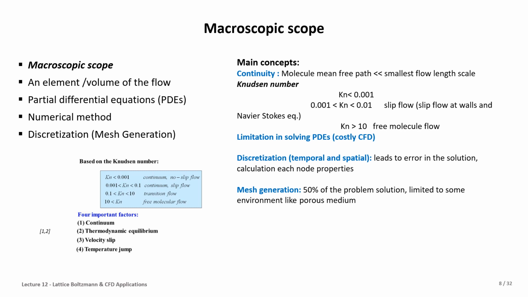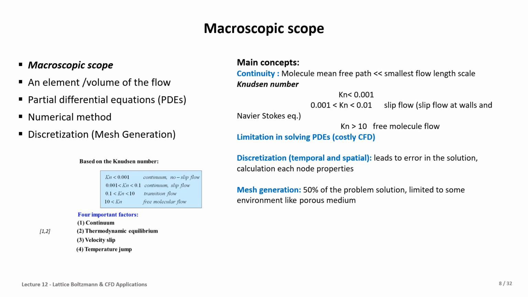Mesh generation is another problem in CFD. Usually in a CFD problem, we say 50% of the work is spent on meshing the problem, and there is also a limitation on meshing for some specific media like porous media.